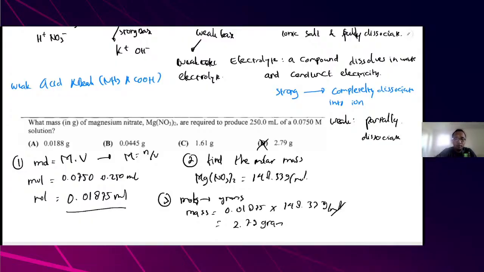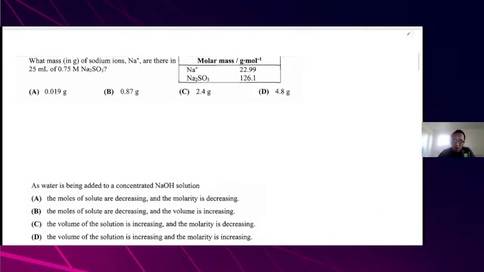Moving to number 3. What mass in grams of sodium, Na+, is there in 25 milliliters of 0.75 M Na2SO3?